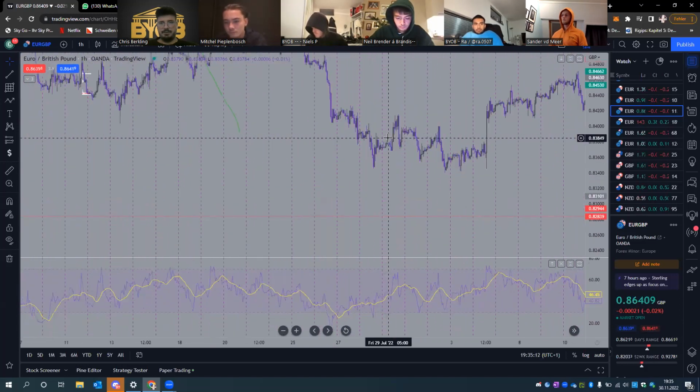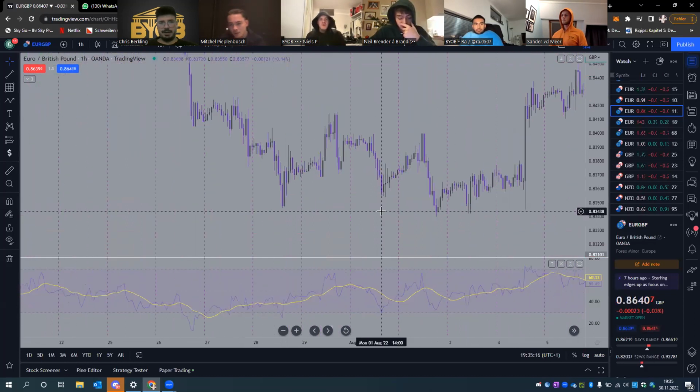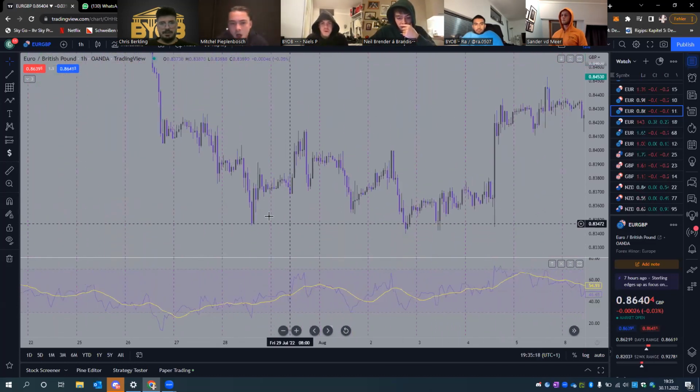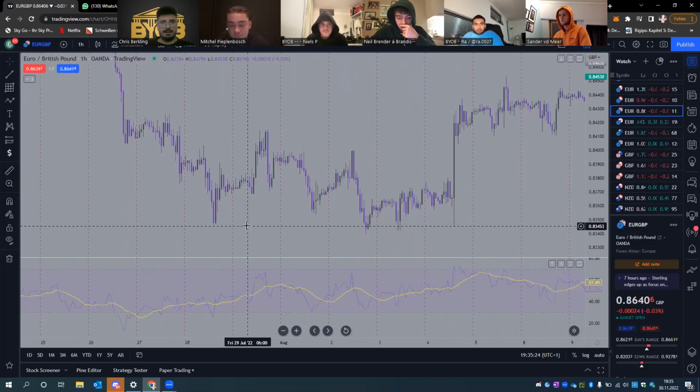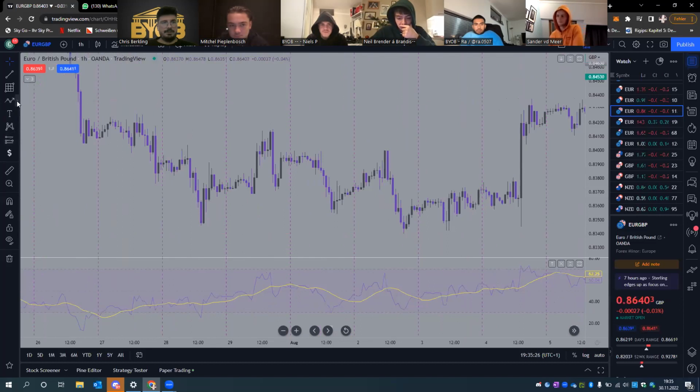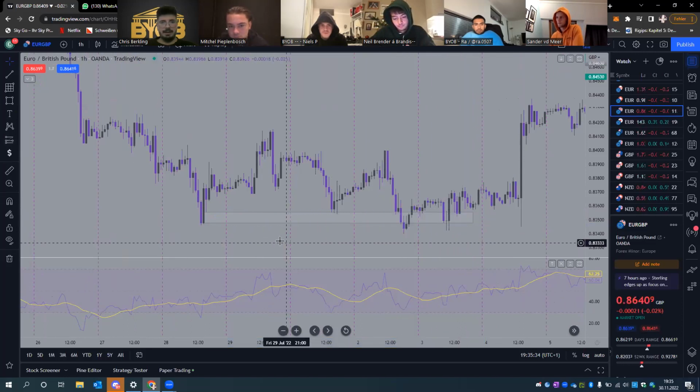Euro British pound was dropping really hard, so I was looking for the point where I should get in. I had my entry placed down here. I was looking at this zone because this block is a price that hasn't been mitigated out of. Mitigation means it's empty pricing.